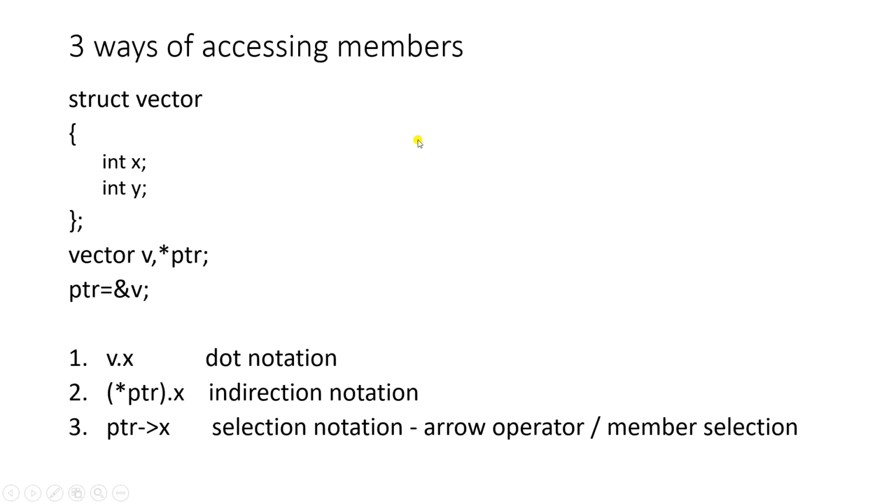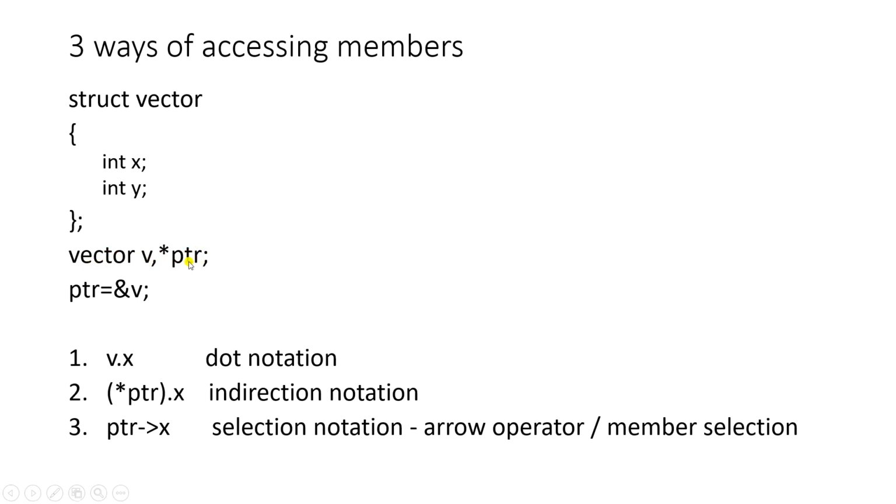There are 3 ways of accessing members of a structure. Let's see which are the 3 ways. Struct vector, where int x and y are 2 elements of this structure, and I have declared 2 variables here. One variable v I have declared as a vector. This is a structure variable and this is a pointer to a structure vector.